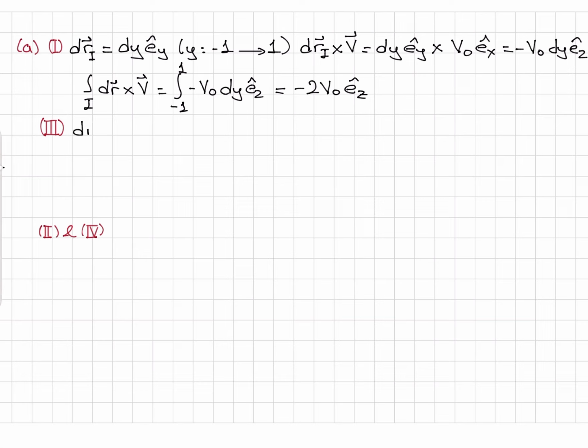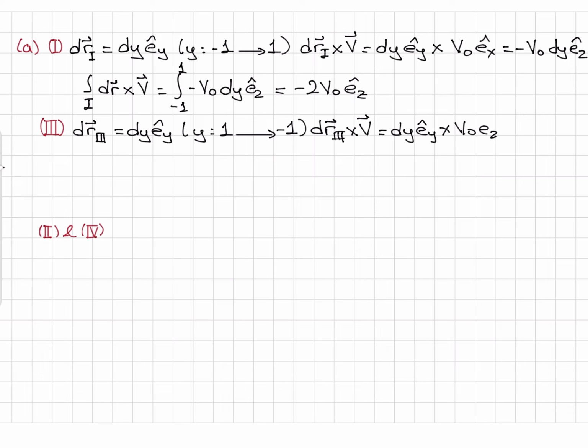So on the third segment, dr3 is dy ey hat, and this time y goes from 1 to -1. dr cross v then becomes dy ey hat crossed with v0 ex hat, which is identical to what we did in the first segment, minus v0 dy ez hat.